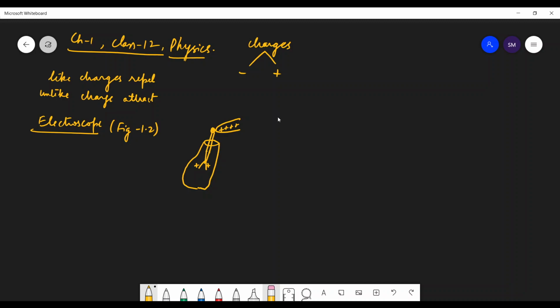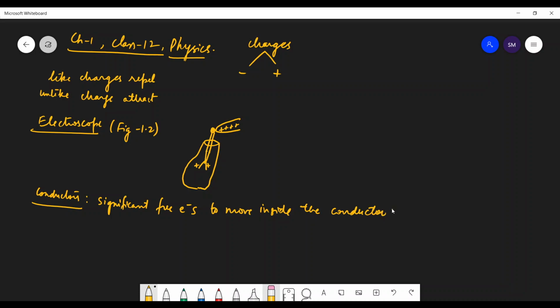in conductors, which is also our next topic, I have significant free electrons to move inside the conductor.